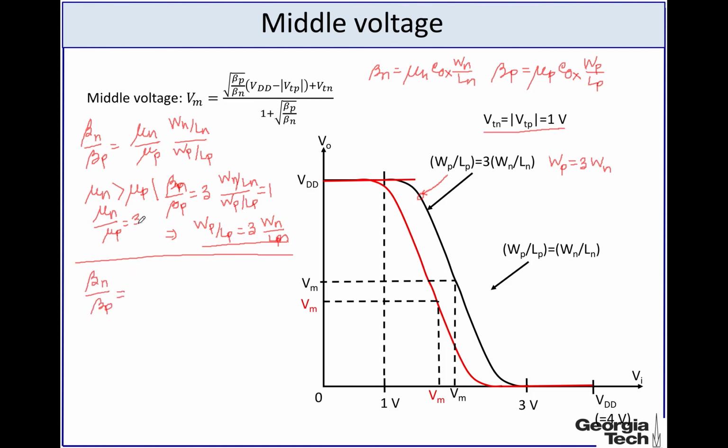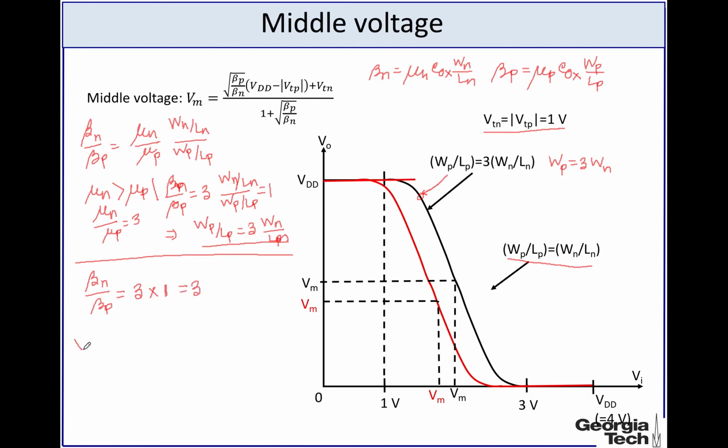We have already seen this result here. So mu n over mu p is say 3, multiplied with, now for this case, Wp over Lp is equal to Wn over Ln. So these two are equal, so this will be 1, so this will be equal to 3.